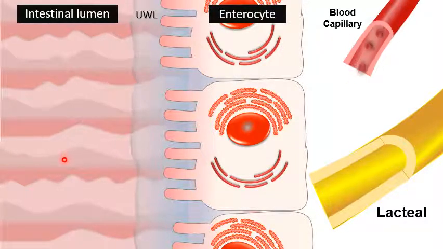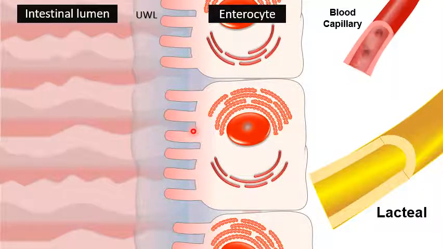Also, compounds with very high water solubility can pass through the unstirred water layer, but then they cannot pass through the membrane because they have low permeation.